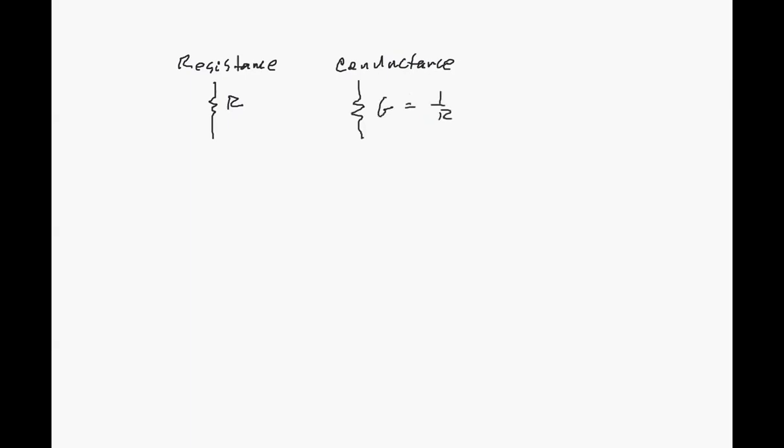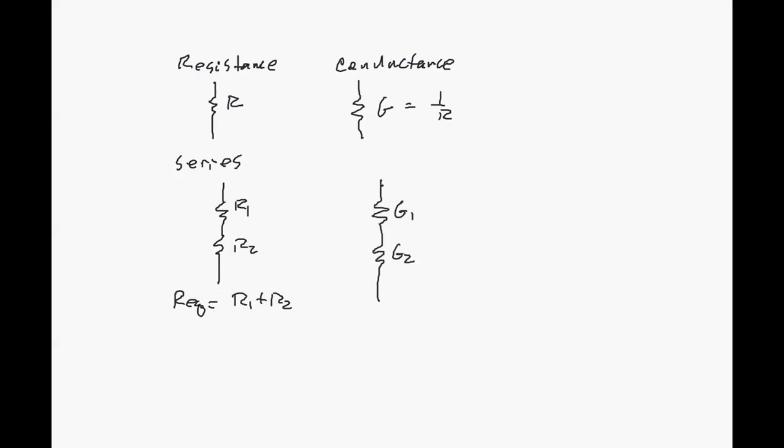And in series, we have R1 and R2, the equivalent resistance is equal to R1 plus R2, so that's easy, right? And if we have conductances in series, it's a nuisance. We've got G1 and G2. Then we have to do this kind of inverse thing, 1 over G1 plus 1 over G2.